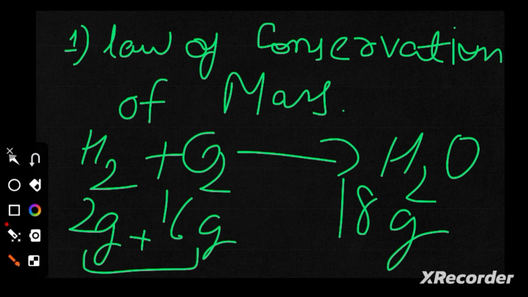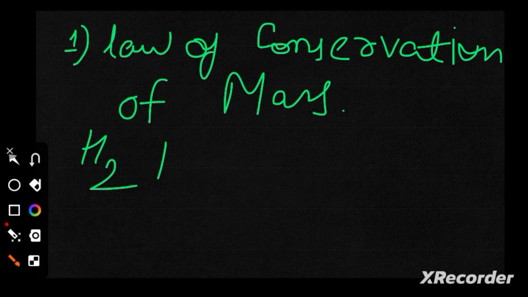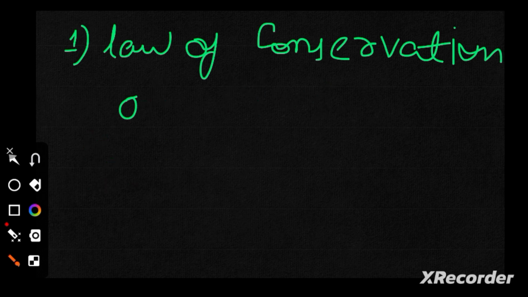So the mass of reactants is equal to the total mass of the product. That's what it states. The total mass of reactants is equal to the total mass of the product. This is what we call the law of conservation of mass.